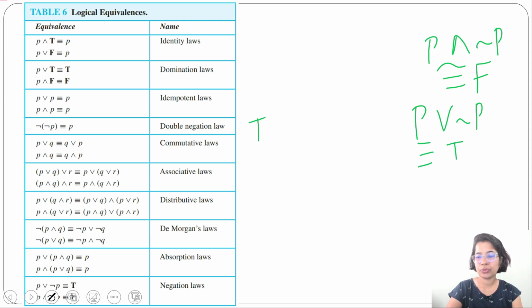Suppose P value is true, then negation P will be false. True or false, it's true. If P value is false, then false or true. Negation P will be true, false or true, it will be true. Anyway, in case of or, if one value is true, it will be true.